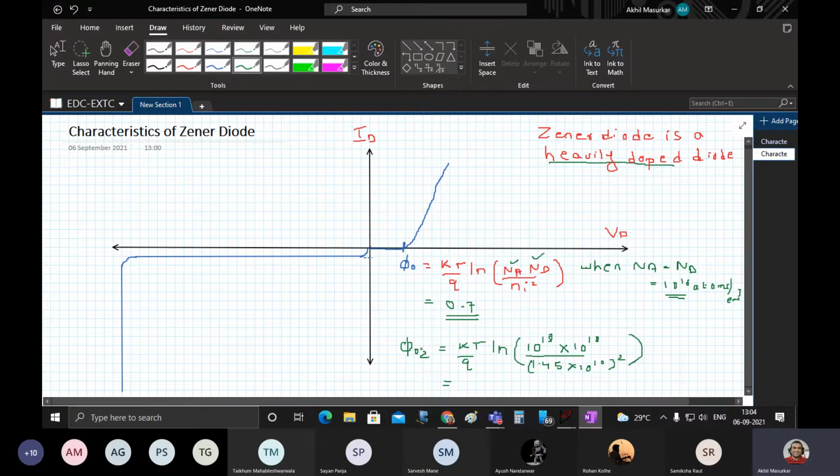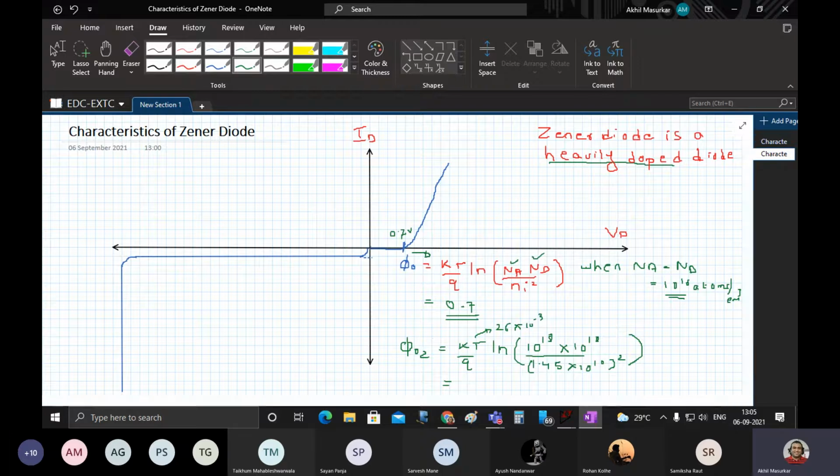What is the value of this phi naught for Zener? I know one thing definitely, that it will move in this direction. But how much? If this is 0.7 volts, then what will be the value of phi naught Zener? kT by q is 26 into 10 raised to minus 3. Please calculate and put this answer in the chat box.